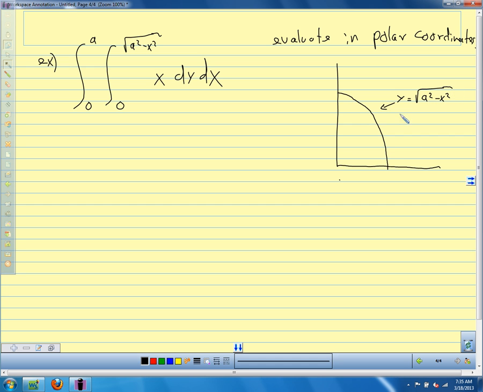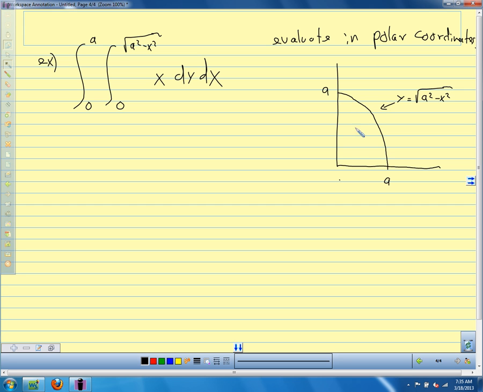There's our function, and x varies from 0 to a. So this is a, and this is going to be a. So that's our region.